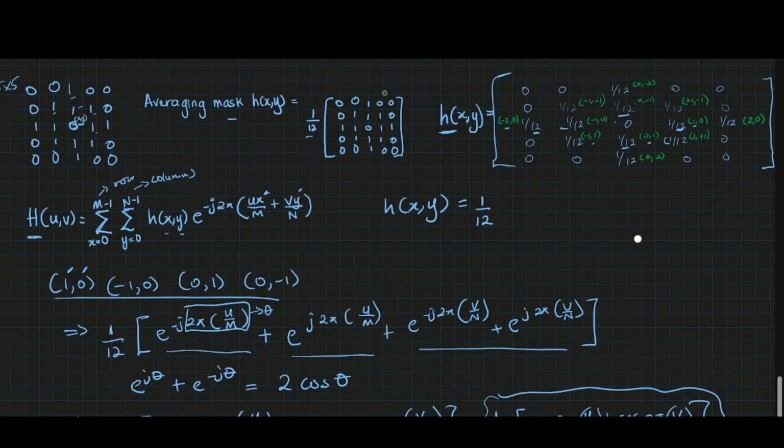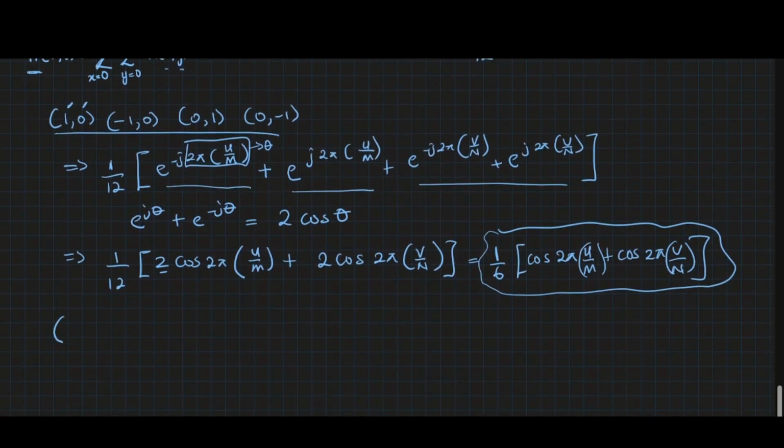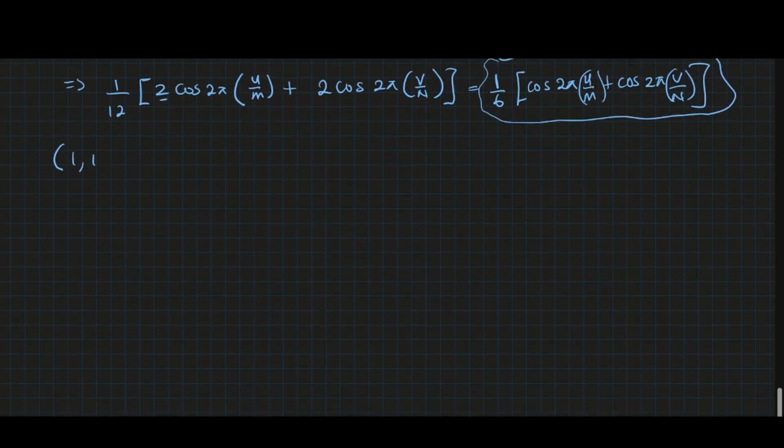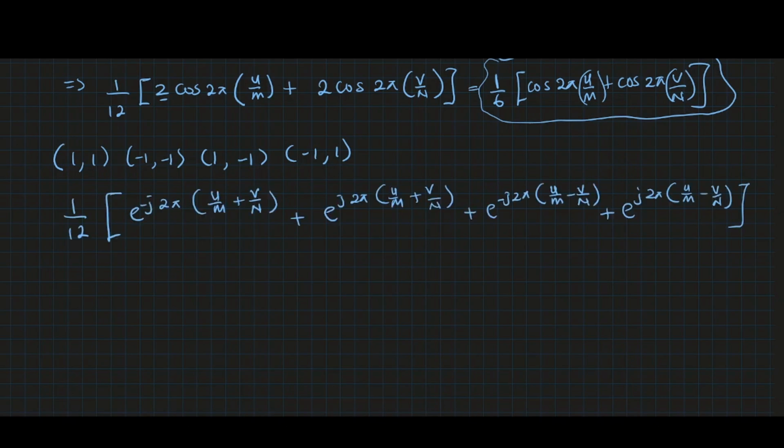For the diagonal neighbors, that's 1, 2, 3, 4. Those 4 points we're going to be working with. They are 1, 1, minus 1, minus 1, 1, minus 1, and minus 1, 1. So if you evaluate, this is going to be the solution. We're going to simplify it.